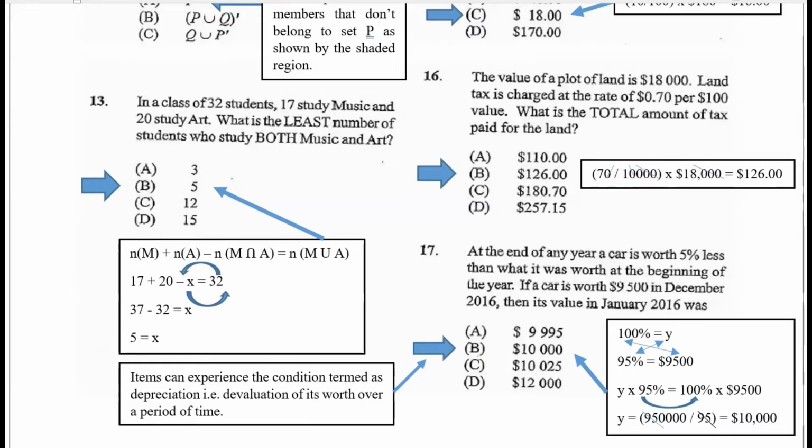And essentially what we're doing, we put 70 cents over $100 in cents, which is 10,000 cents. And you multiply that by 18,000. So I could cross 3 zeros here with 3 zeros here, and then I cross this zero with this. And it's just 7 by 18 to give you $126, which is like pocket change, right?